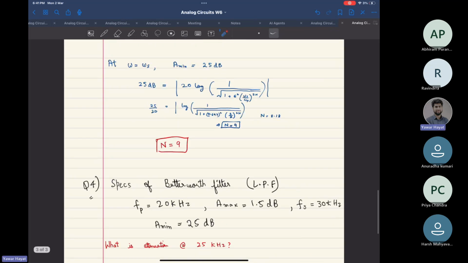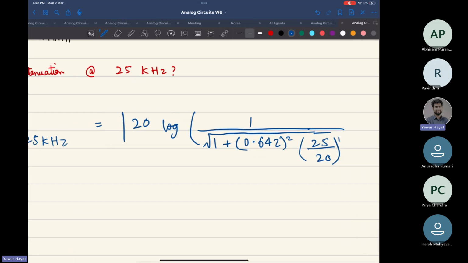N we already computed. N is 9. So 2n would be 18, right? It will be 18. And yeah, this would be that equation.